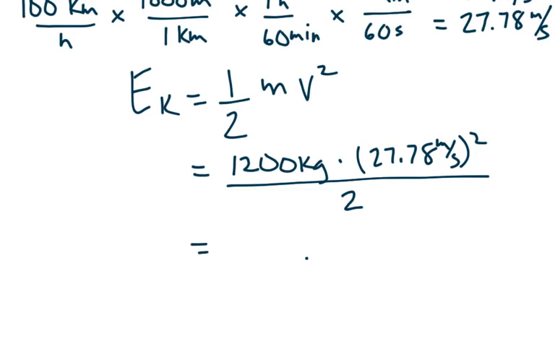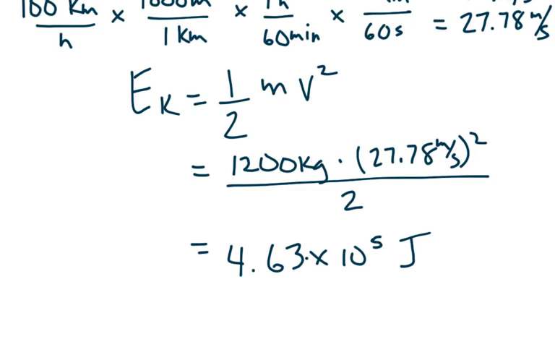This is going to give me a pretty big number, which I'm going to write in scientific notation: 6.3 times 10 to the 5. Now, remember, energy is measured in joules, right? And we've talked about how we go from meters and kilograms and seconds all the way to joules. So we've got our kinetic energy here.